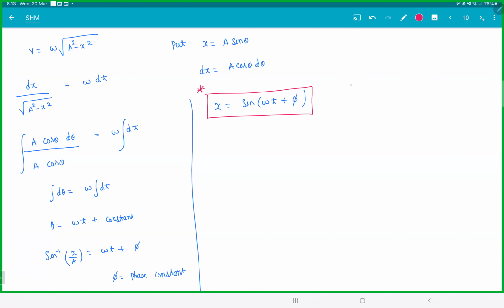This is the position of the particle in SHM as a function of time, which is a sine function. Sine and cosine functions are called simple harmonic functions. Harmonic meaning functions which are sine and cos. Simple meaning it's a simple sine or a simple cos.